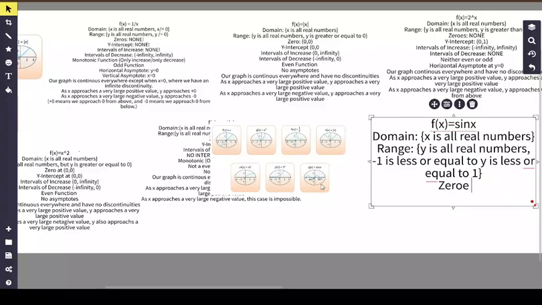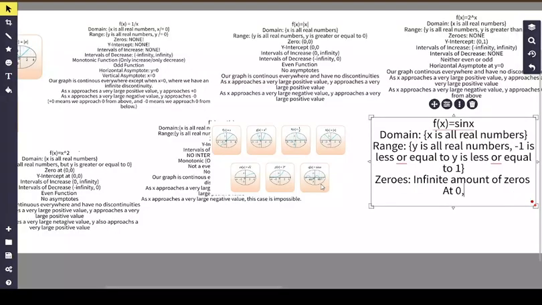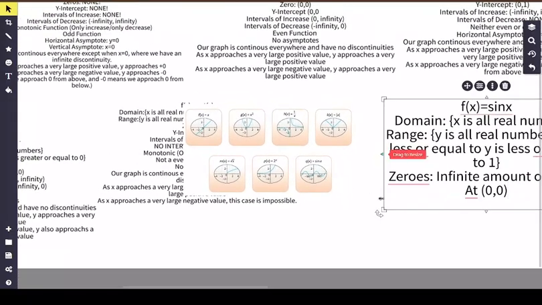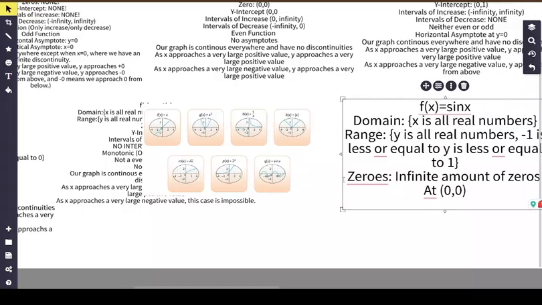Alright, let's talk about the zeros. There is an infinite amount of zeros. And it's at (0, 0), at (180, 0). Now let's think, what makes sine of x 0? Notice we already see here 180 degrees and 360 degrees makes it 0.